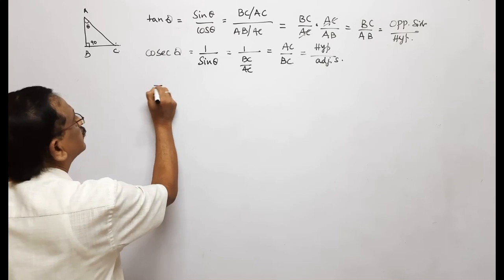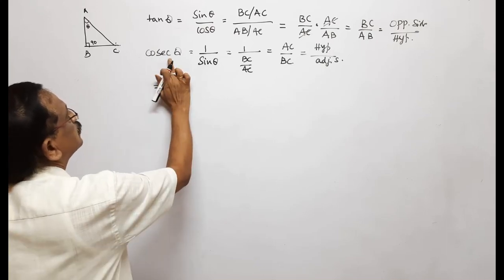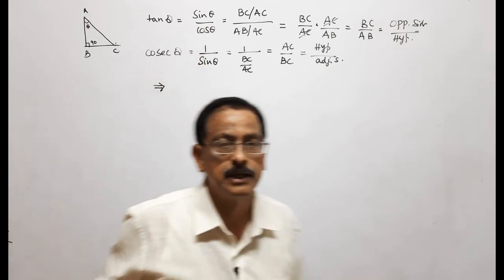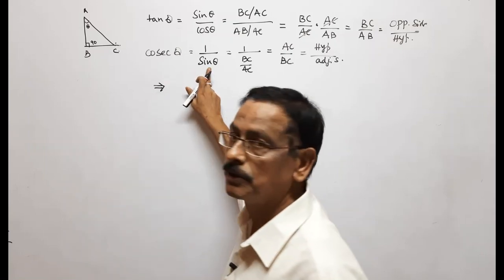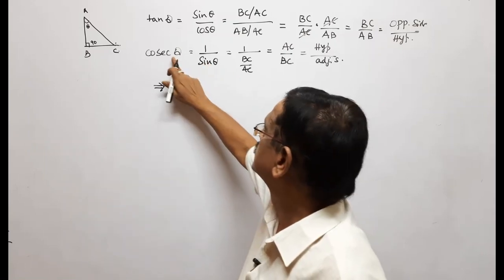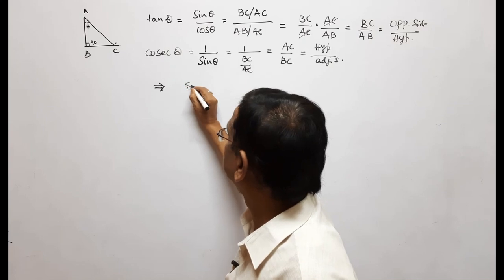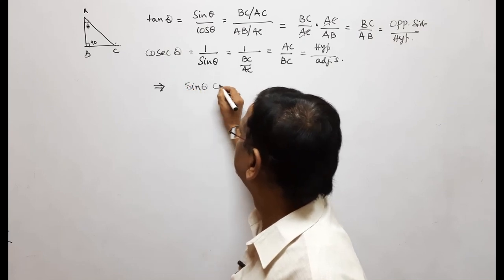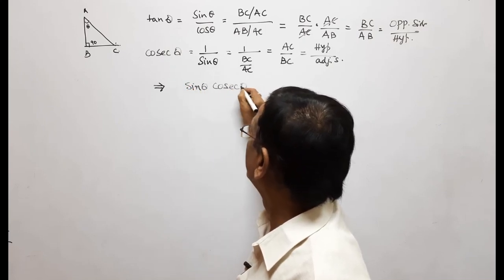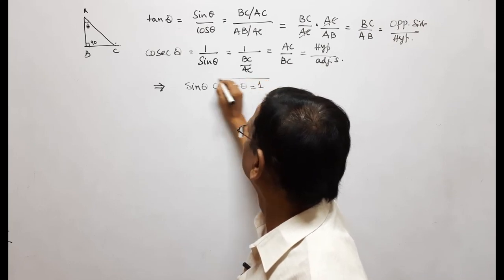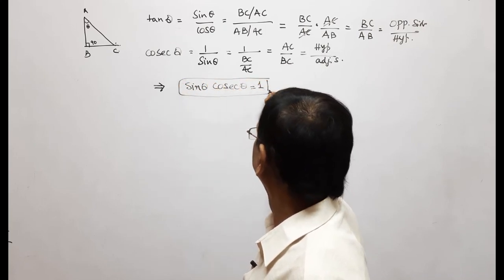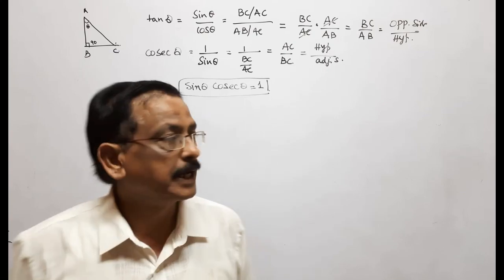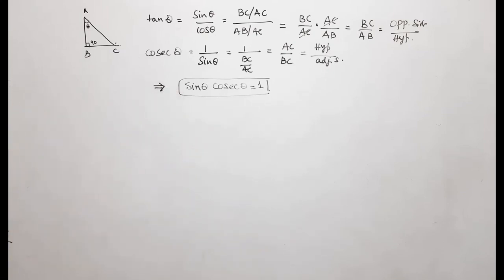One more thing I would like to write here is cosecant theta is 1 by sine theta. So this is a ratio, that means it's a number. So cosecant theta into sine theta, that means sine theta into cosecant theta is 1.